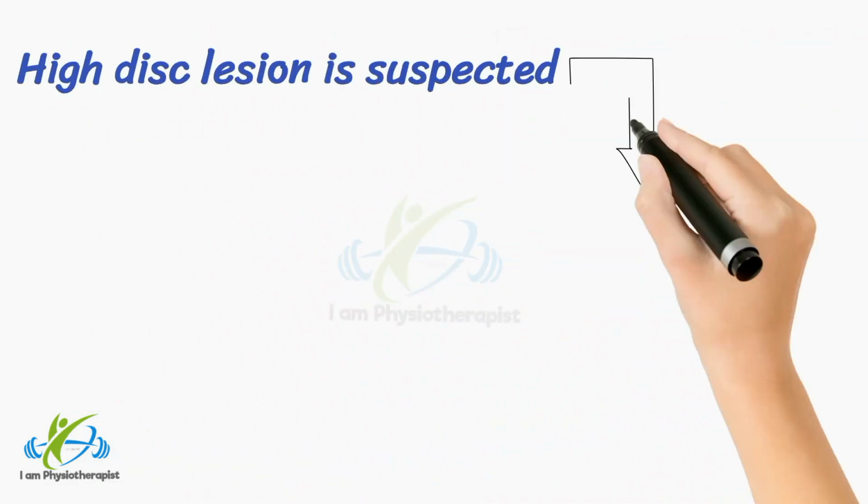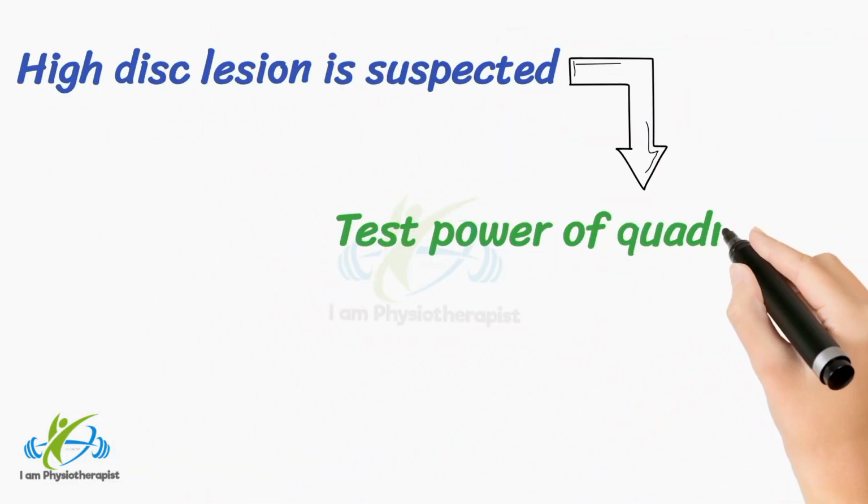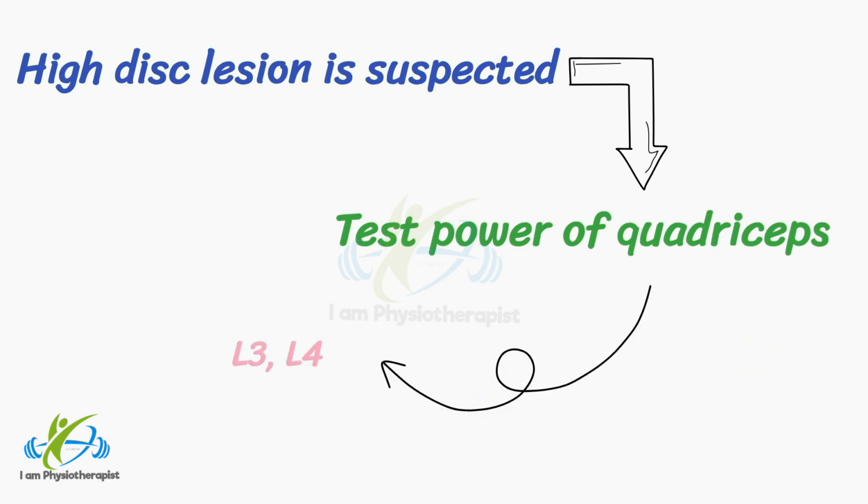When a high disc lesion is suspected, test the power of the quadriceps, to assess L3, L4. Note that prolonged muscle weakness will be accompanied by muscle wasting. Look and compare the muscle girth of the quadriceps and calf muscles of both limbs.